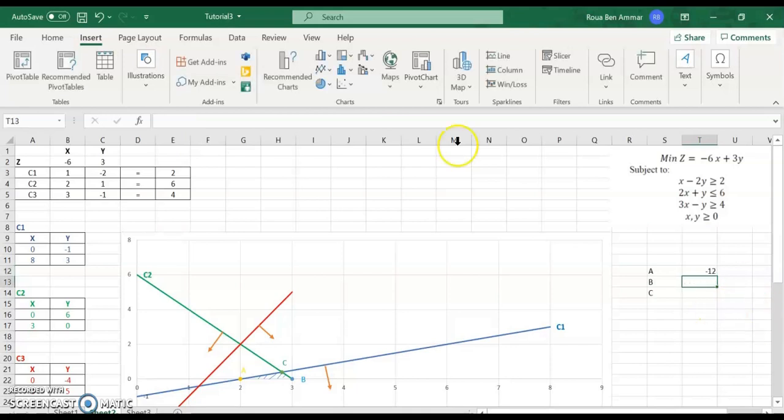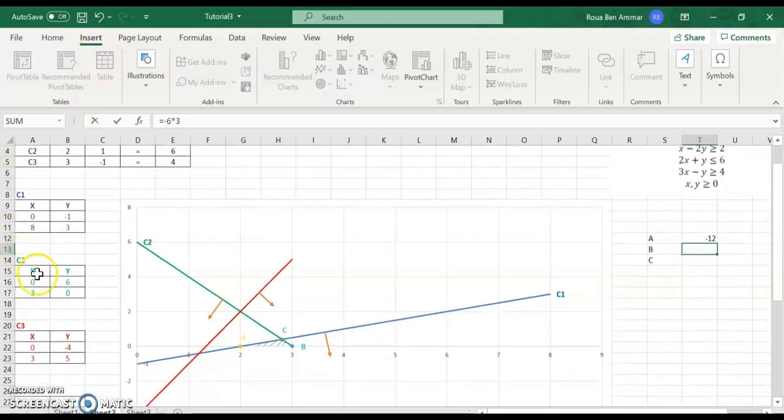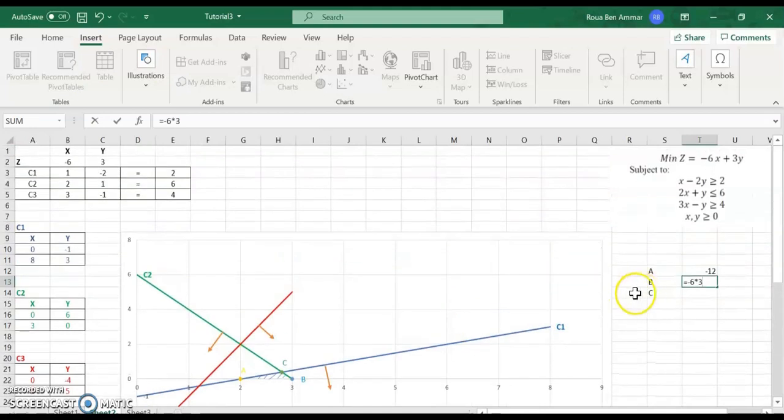It's -12. For point B, it's -6 multiplied by 3, and the y is 0, so no need to add it, so -18.